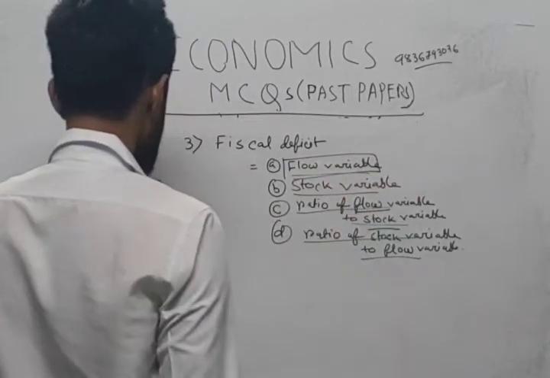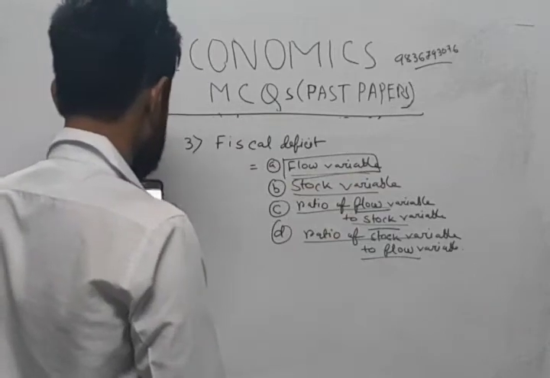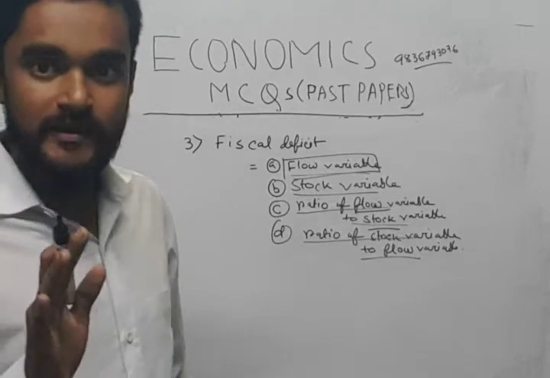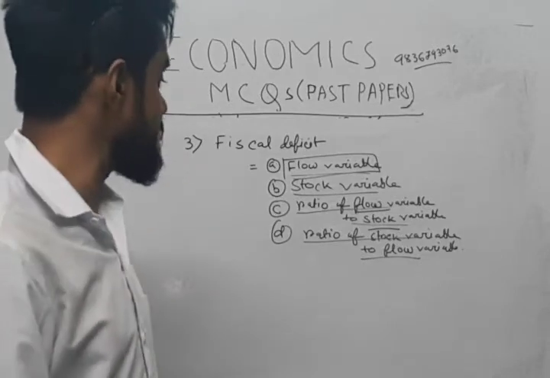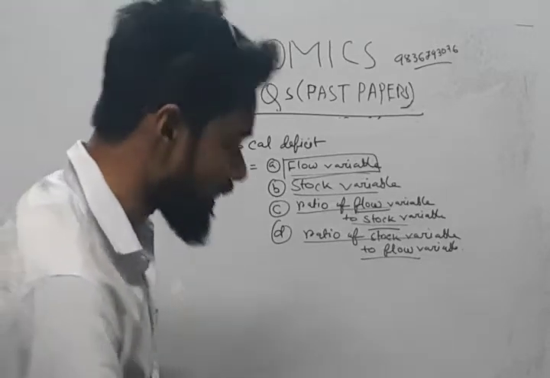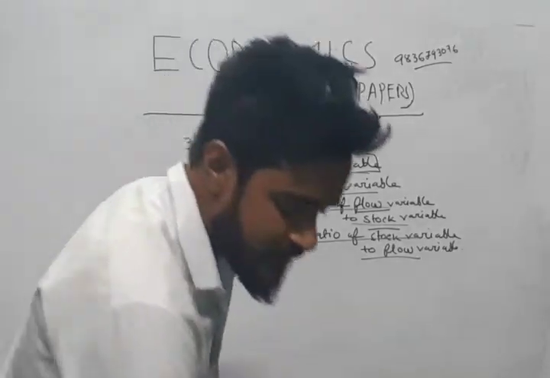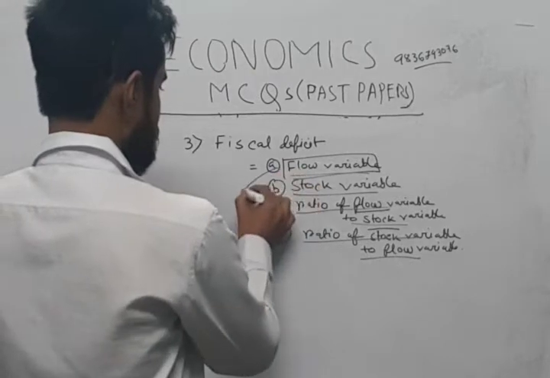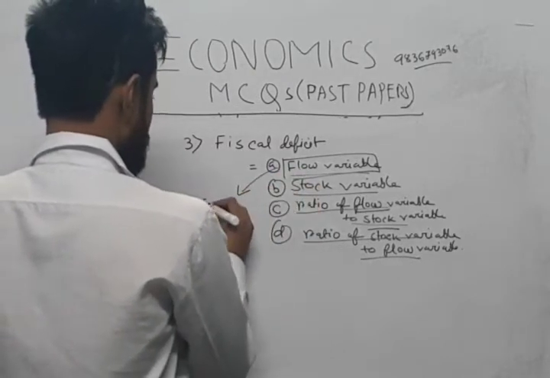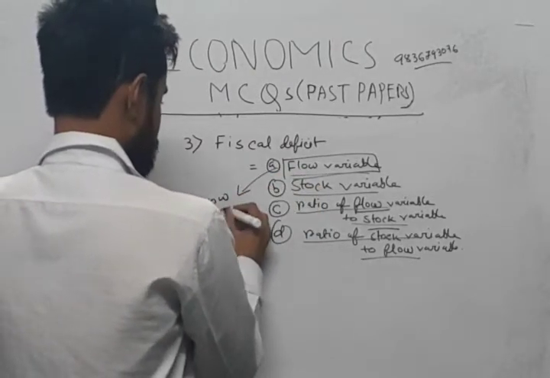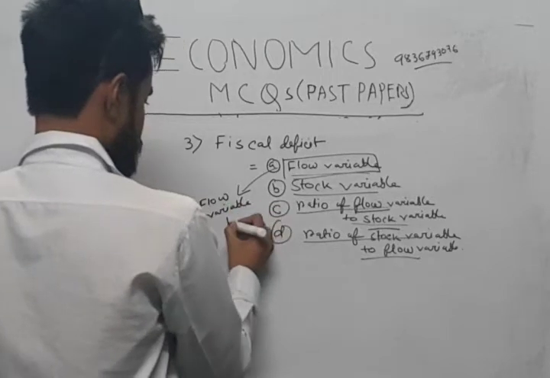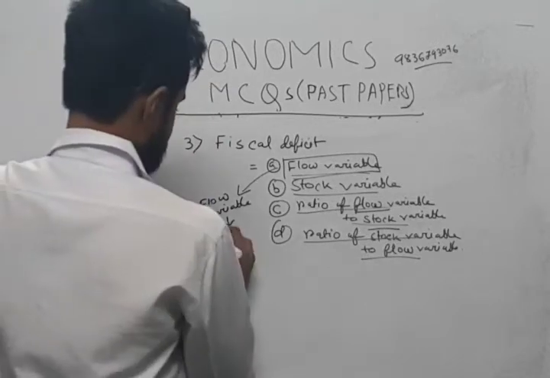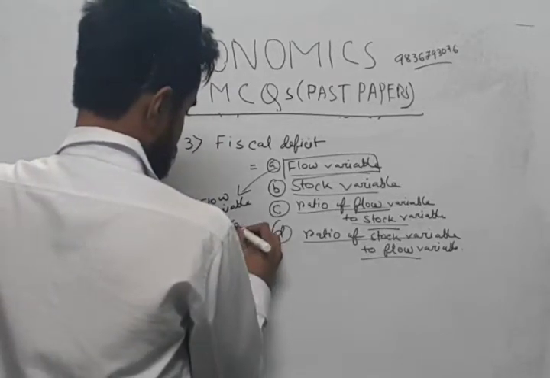Out of these four options, we need to understand that fiscal deficit is basically a flow variable. Why? Because it is defined as per a period of time. So we would write down that fiscal deficit is a flow variable, because it is as per a time period.